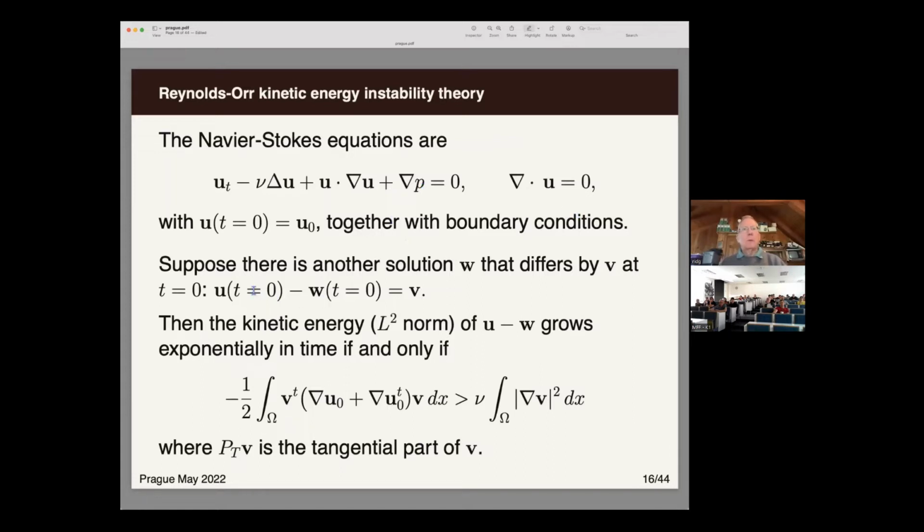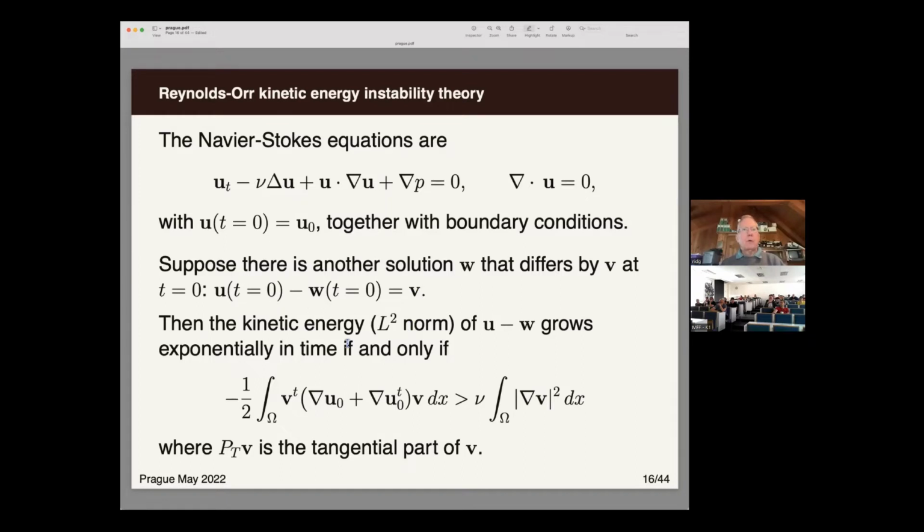So let's talk about instabilities. What would that mean? Let's suppose there's another solution, call it W, and we're interested in a perturbation. So we want to think of U minus W at the initial time being a slightly different function V.